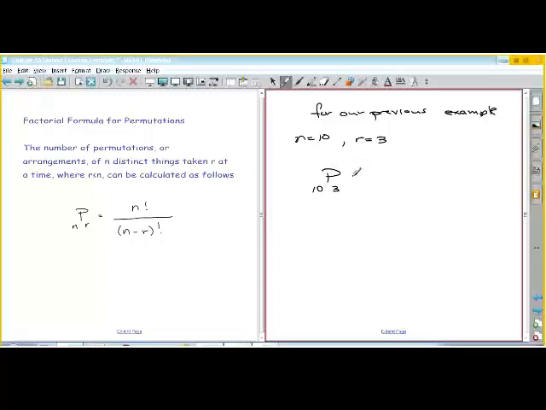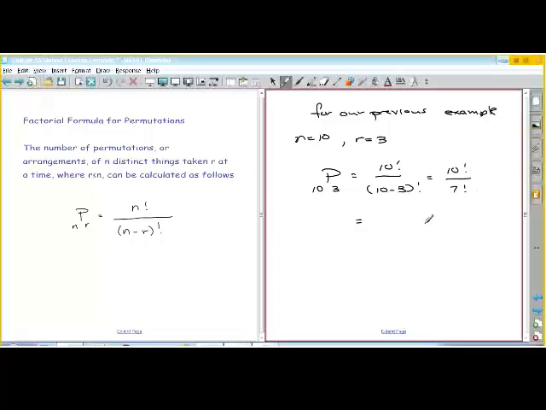That's how you would say it. Permutations of 10 taken 3 at a time is equal to n factorial, which is 10 factorial, divided by n minus r quantity factorial. 10 minus 3 is 7, so I get 7 factorial.